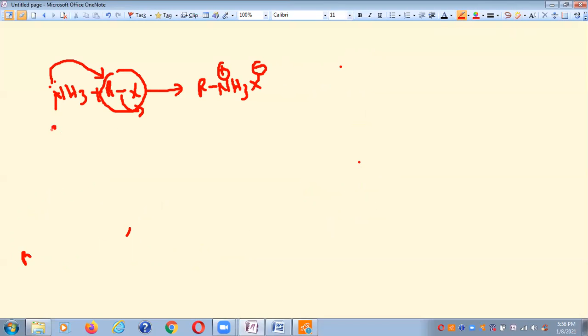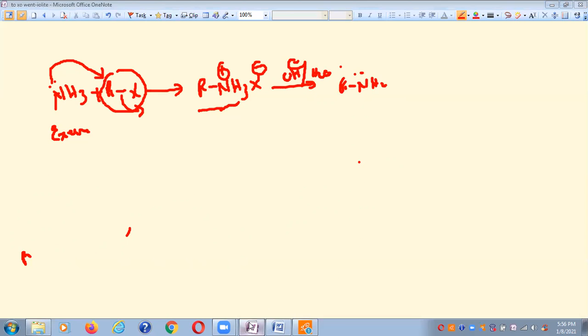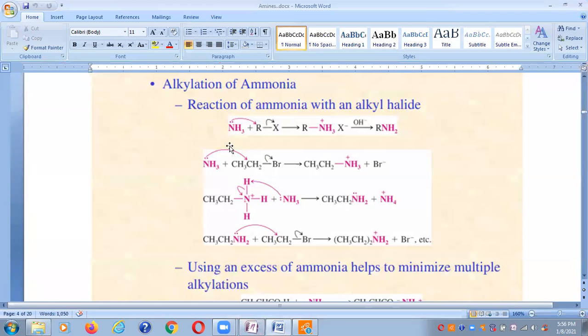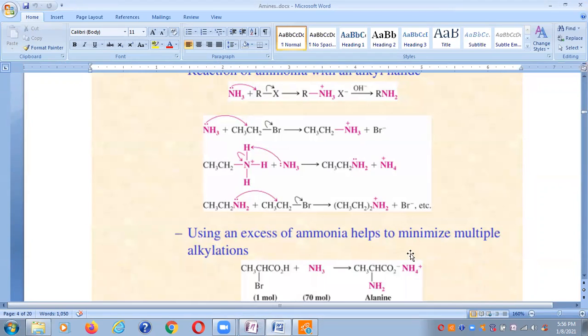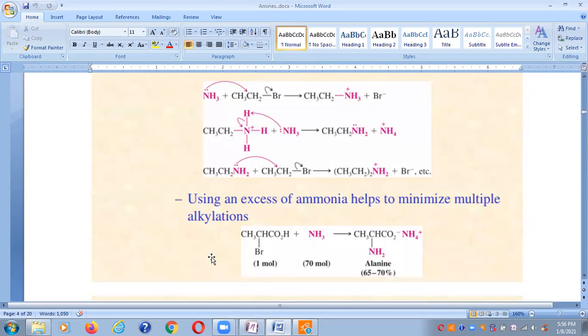Only this reaction will take place. So this is basic hydrolysis, which produces our desired amines. This is the alkylation of ammonia, and excess ammonia helps to minimize multiple alkylation.